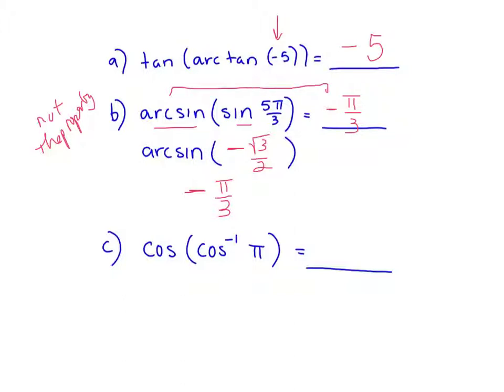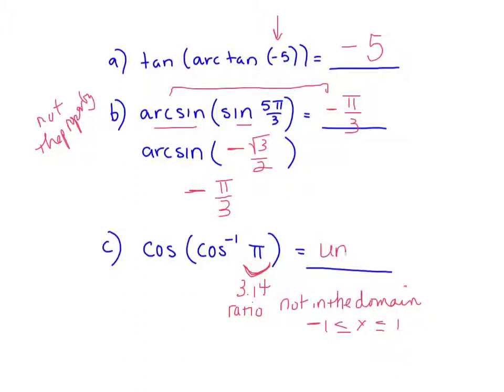Okay, now here we have a slightly different thing, because this is saying right here that this is pi, and pi is about 3.14. However, this is not an angle, it's a ratio. And the ratio 3.14 is not in the domain of inverse sine. The domain is from -1 to 1. Right?